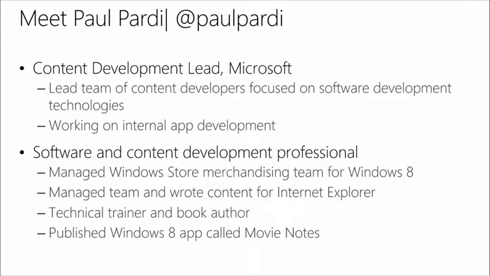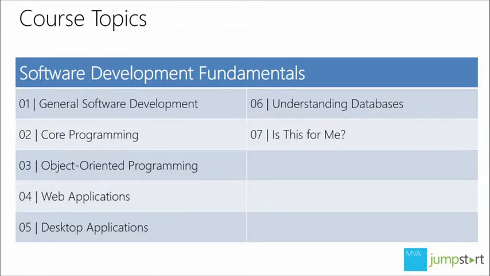I've also programmed against SQL Server, so that gives me some experience with databases as well. I co-authored a book on Microsoft Access many years ago, and recently published an app to the Windows 8 App Store called Movie Notes, which I'm very proud of. Great, thanks Paul, and welcome. Glad to have you here on my team as we present this MVA.